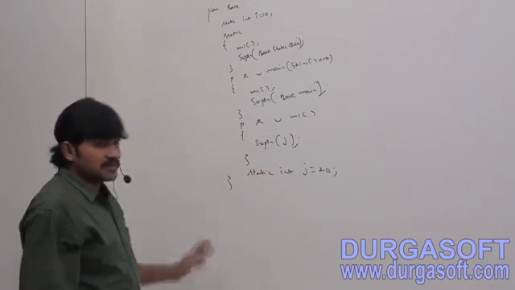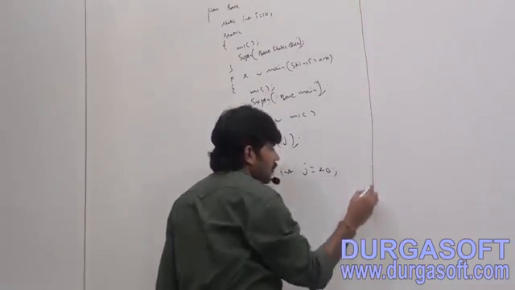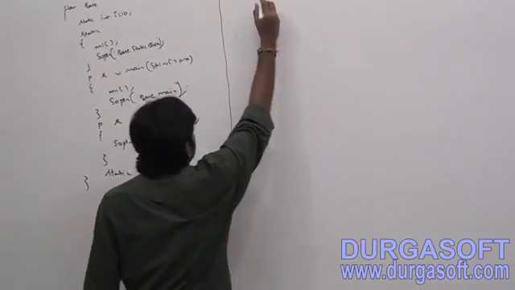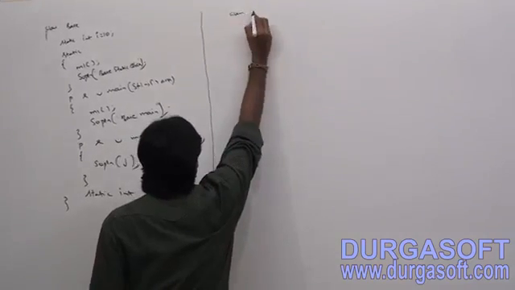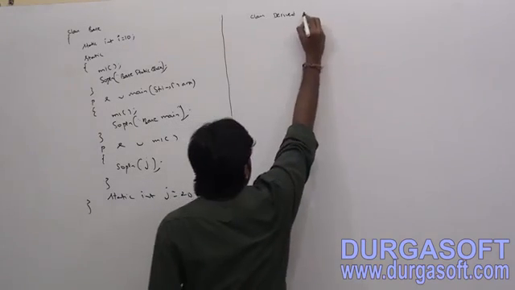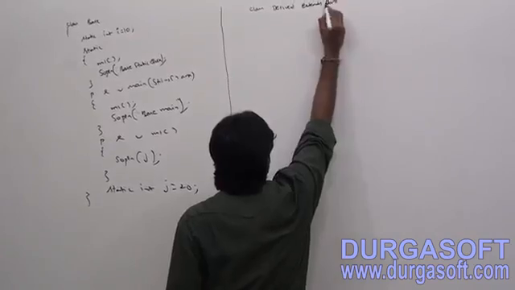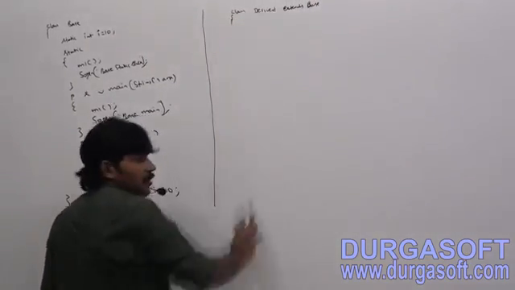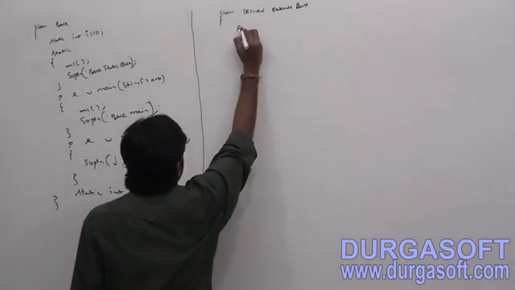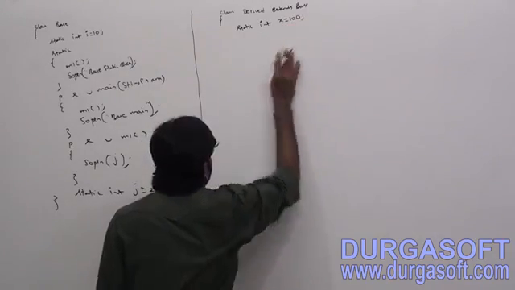Now this is the base class. Now let me write the derived class also: class Derived extends Base. Here static int x is equal to 100.